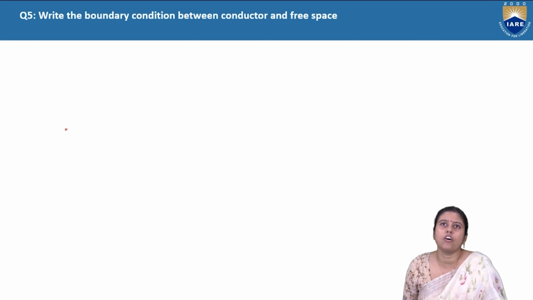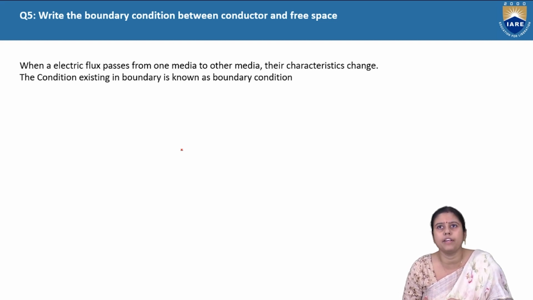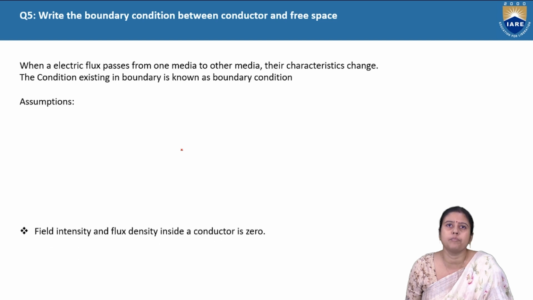Write the boundary conditions between a conductor and free space. When an electric flux passes from one medium to another medium, their characteristics change. The condition existing at the boundary is known as the boundary conditions. Before discussing the boundary conditions, we have some assumptions.